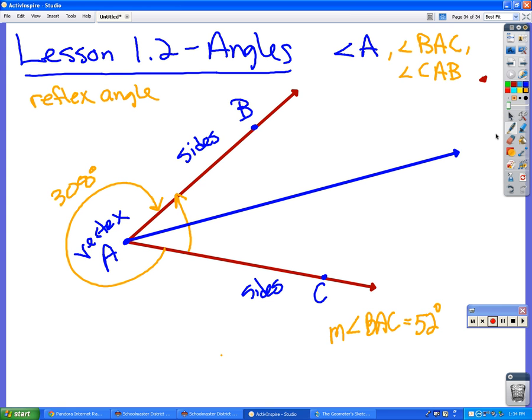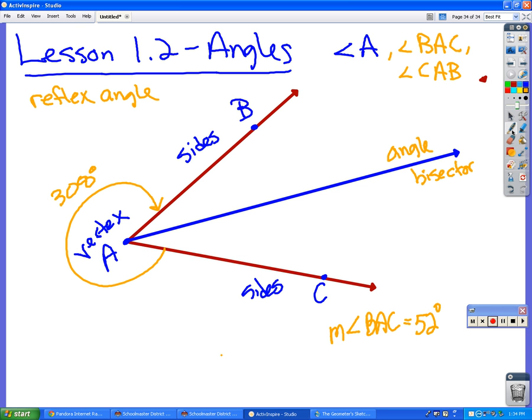Then I connected the vertex with that dot that I had made, and this is my angle bisector. Now there's a couple things that we need to know about that. First of all, the way that I show that that is an angle bisector is just like with the segments.